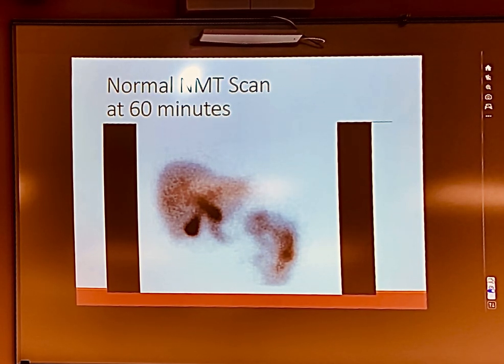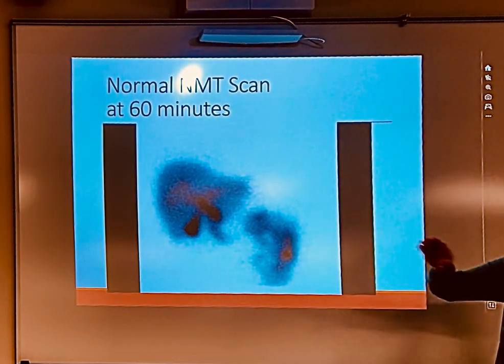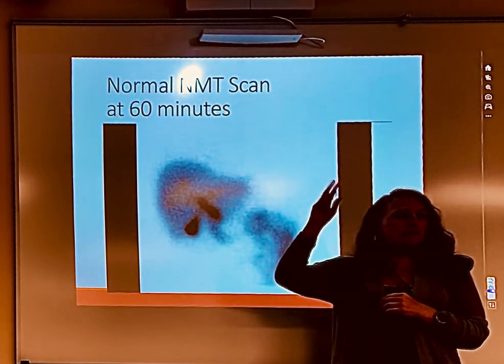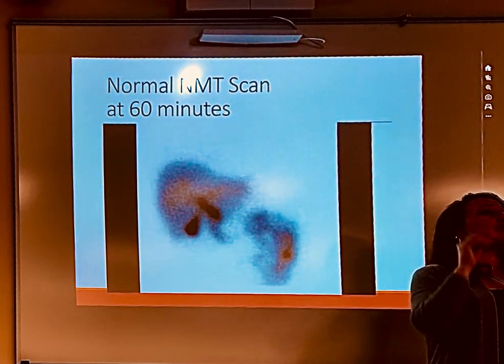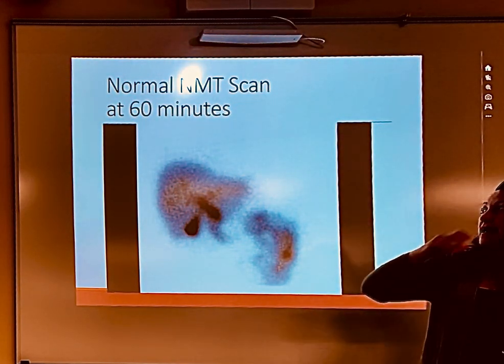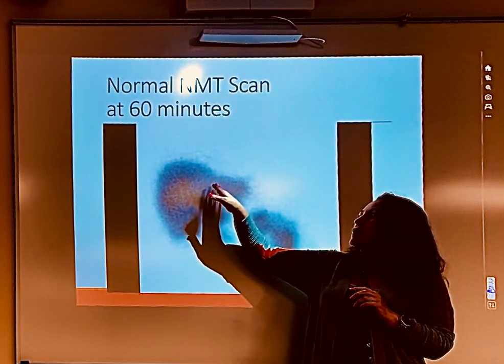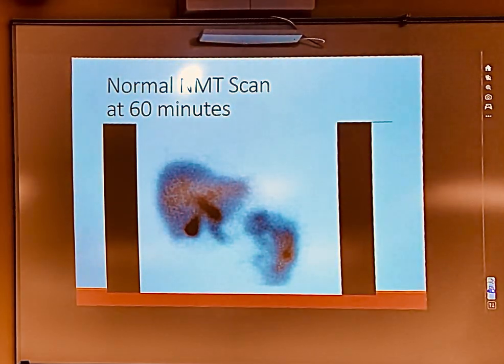So that's why your liver now at 1 hour looks patchy, right? Because now it is draining all of this Cholotec, disofenin, mebrofenin, whatever you decide to use of your IDA agent. It's processed it out of the liver, so now your liver looks a little patchy.